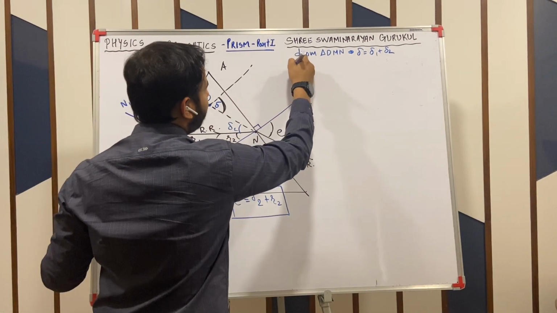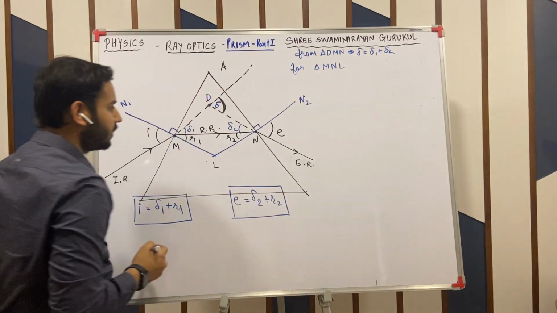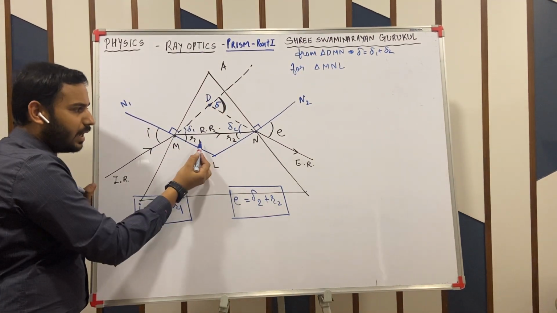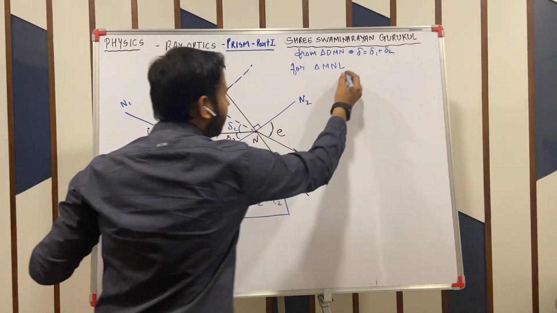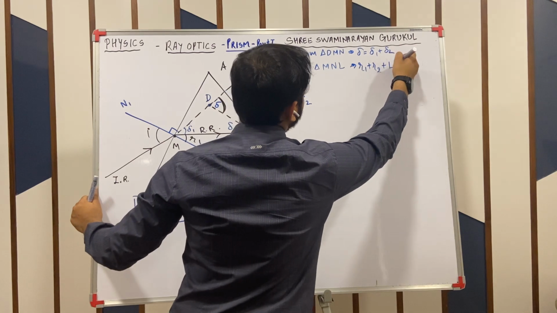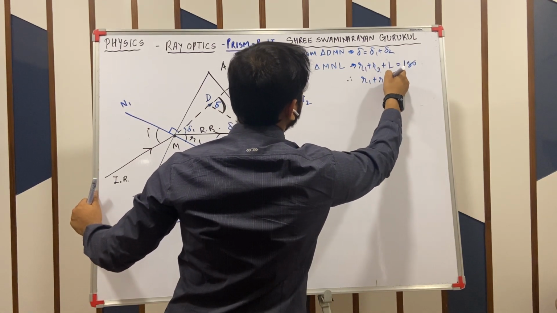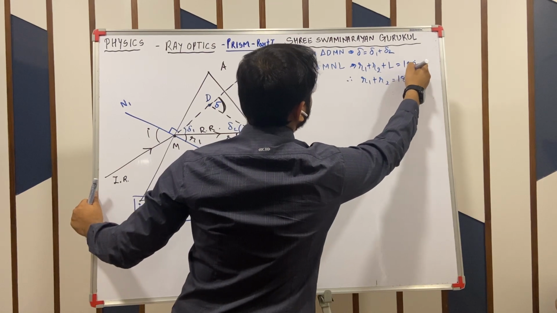For triangle MNL, R1 plus R2 plus L is 180. Therefore, R1 plus R2 is 180 minus L.